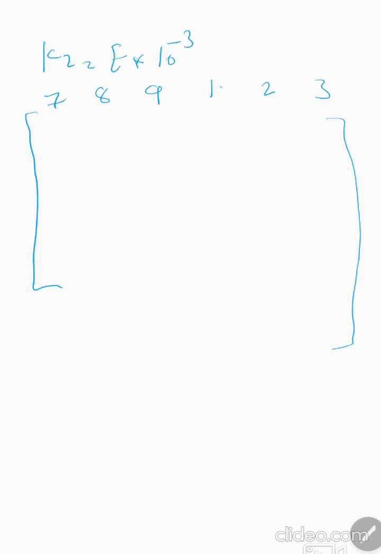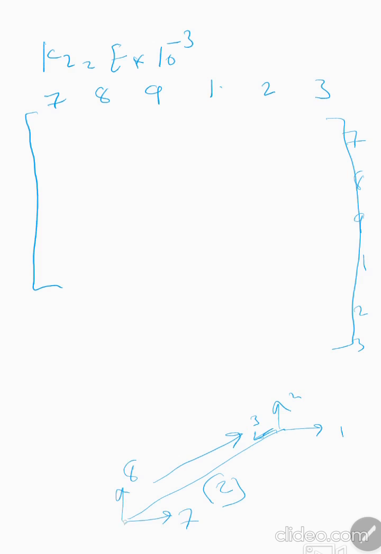This is the global system. Same thing, this is 7, 8, 9, 1, 2, 3, because this is member number 2, and this is the direction on 1, 2, and 3. Here is 7, 8, and 9.